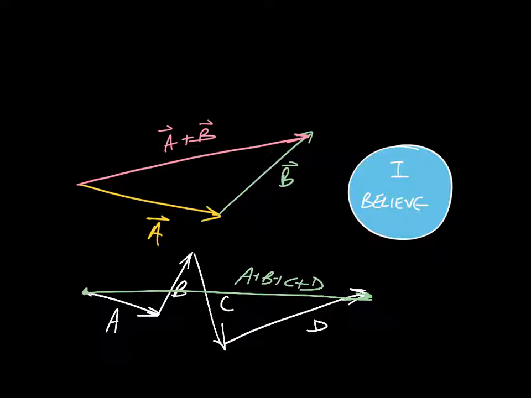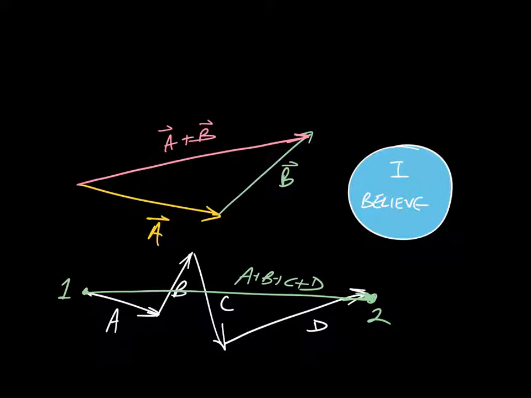And so, remember I was talking about how we have displacement versus distance? The individual vectors, the zigzagging in white, that's the distance of the path. That's the path length. The green vector, the sum of those vector displacements, is the overall displacement from position 1 to position 2.